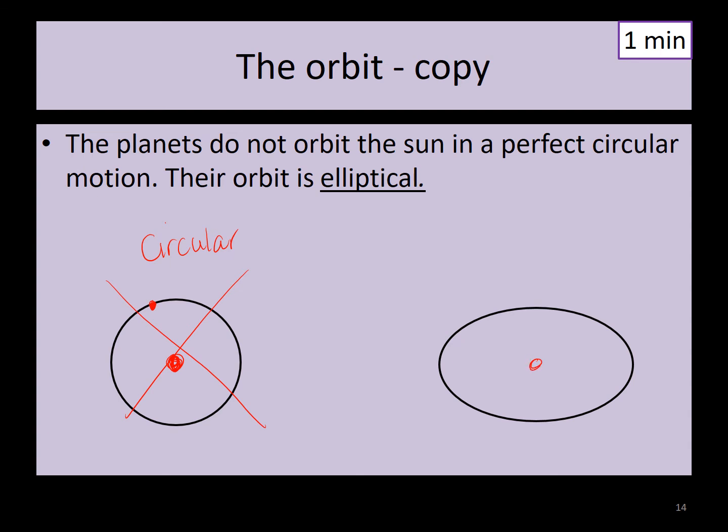In fact, it would take this kind of a path. So here's the Sun in the middle, here's the Earth, and the pattern of the orbit is elliptical, like that. Okay, so take a minute and copy down the information in front of you, and then when you're ready, we'll go on to the information on the next slide.